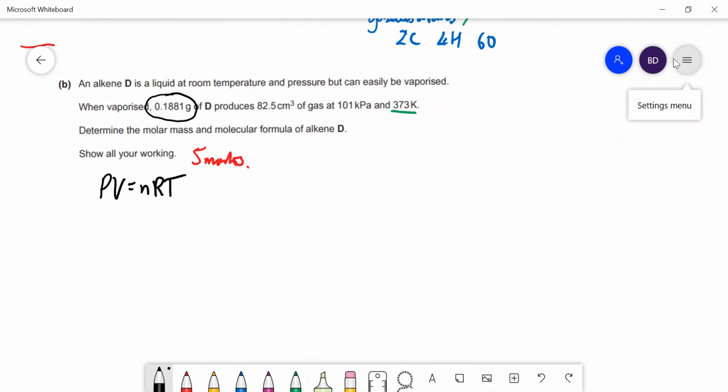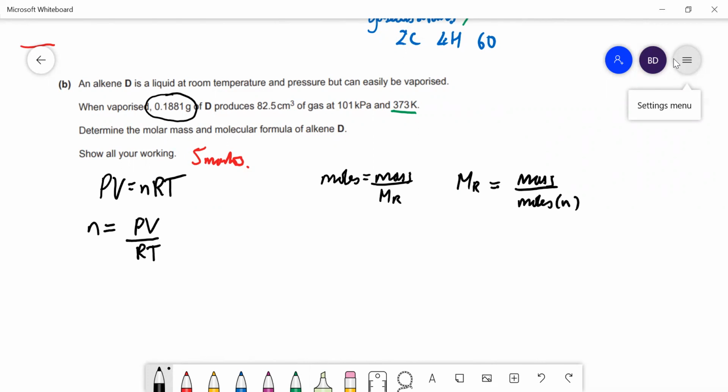So n is equal to PV over RT. Then we're going to use moles is equal to mass over Mr, the molar mass. So the molar mass, Mr, rearranged, is equal to mass divided by the number of moles, n, that we have found in this equation. Let's do that.